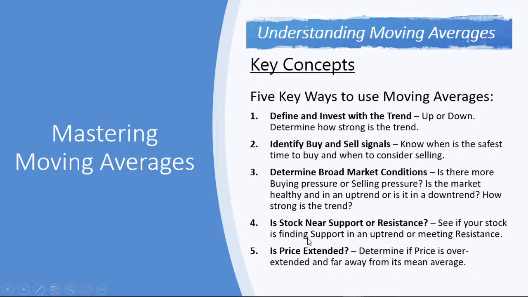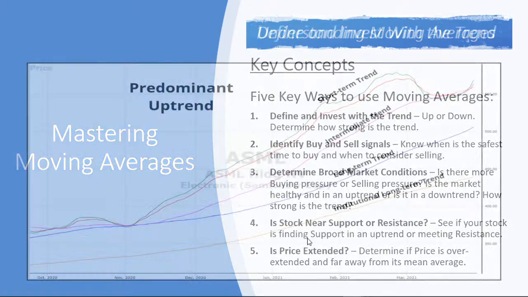So the further away something gets from its average, and we're talking about stock prices here but just in terms of anything, the more likely it is to come back towards it, to revert back to it. Reversion, mean reversion, right? Revert back to the mean. So you have to identify these things. These are great ways to use moving averages.